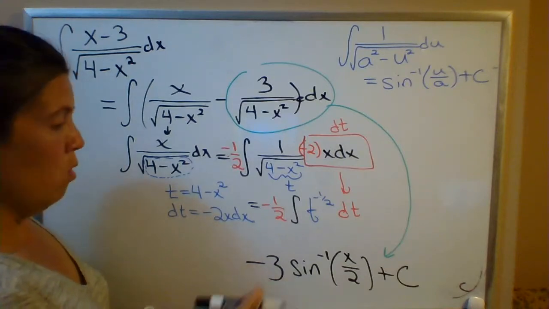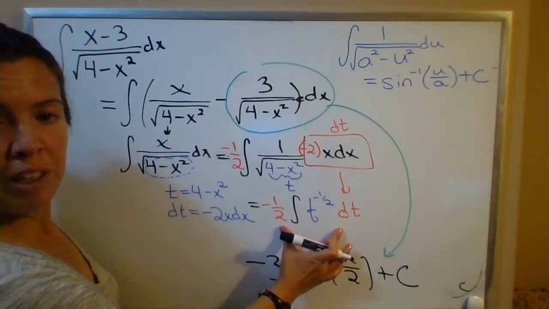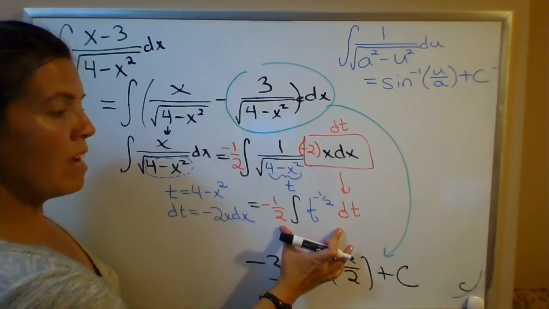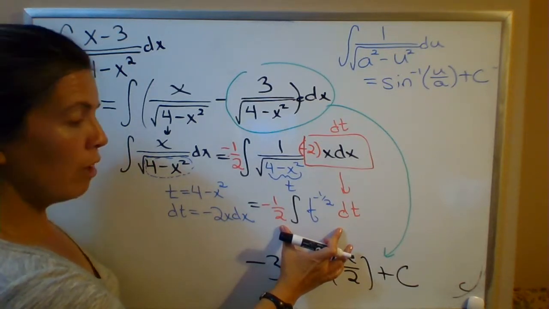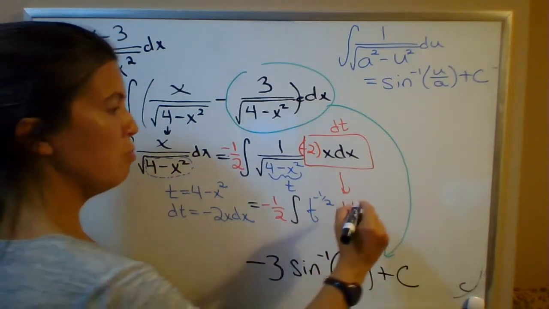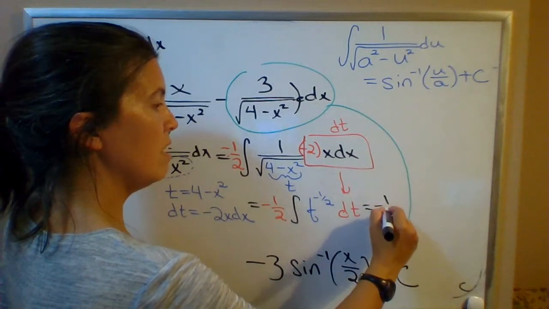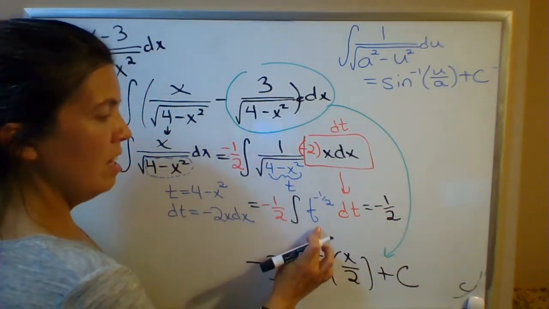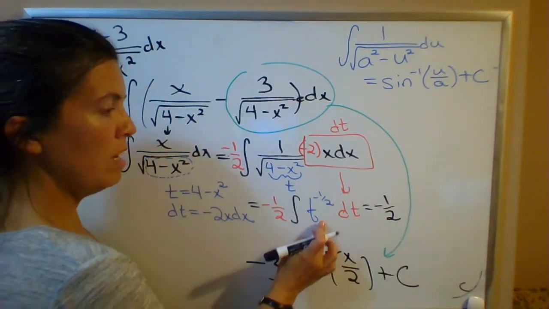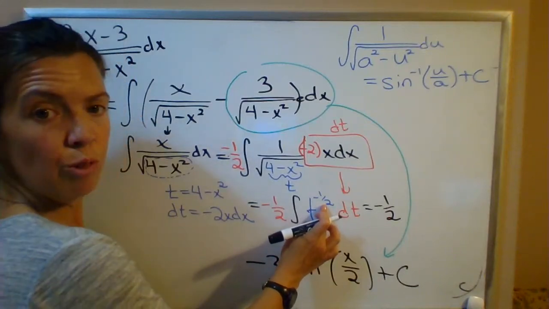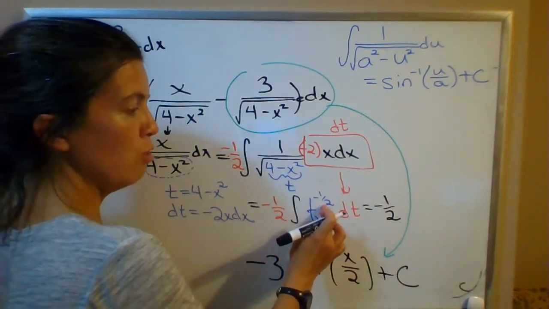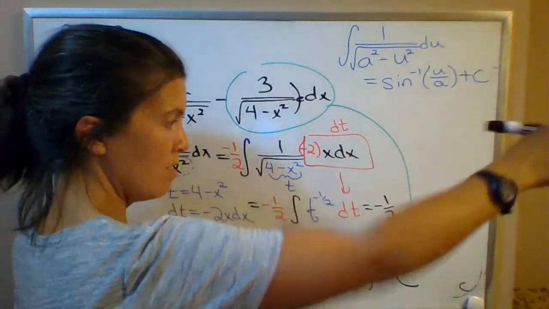So now that we've got it written completely in terms of t, we can just apply the power rule for antiderivatives, which means we've still got this negative 1/2 out front. You add 1 to the exponent here. So if we add 1 to negative 1/2, you're adding 2 over 2. That gives you positive 1/2.